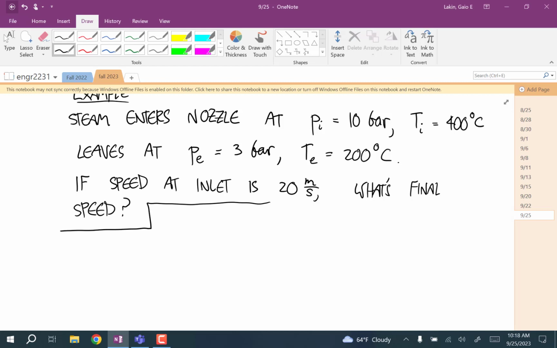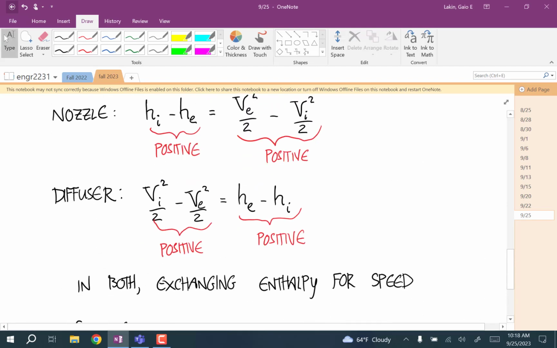This doesn't give us any information about what to cancel. And so in this case, we're just going to use our best guess and use the standard assumptions for diffusers and nozzles.